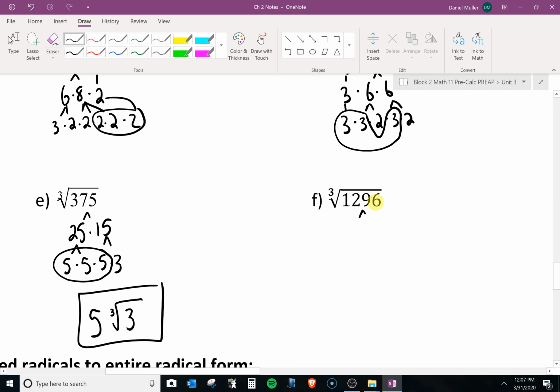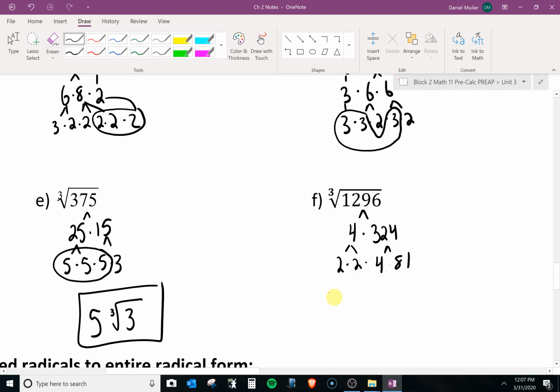Oh great. 1296. So 1296 can be broken up, we can break it up into 2s. I'm going to go from 4 though. 4 times 324. Sorry, 4 is 2 and 2. 324 can also be divided by 4. And that's going to be 4 and 81. Make this a little nicer here.